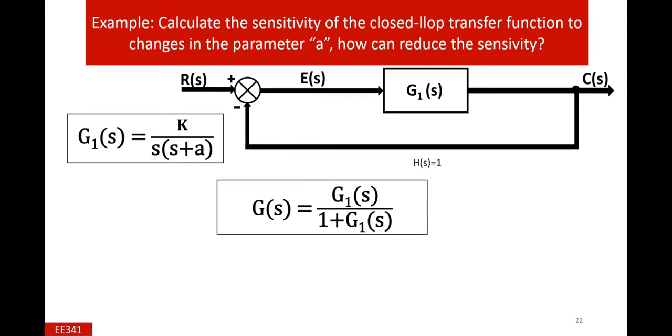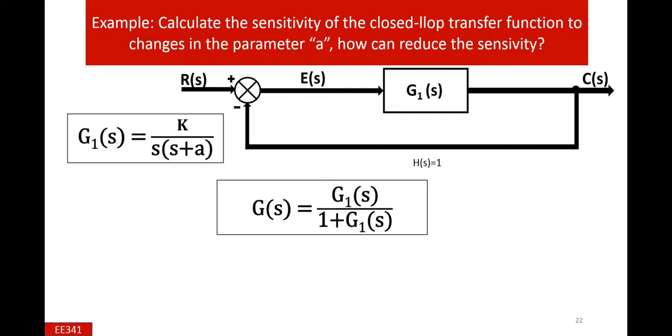So the closed loop transfer function in this case is the open loop transfer function G1(s) divided by 1 plus the open loop transfer function times H(s), the transfer function in the feedback path.